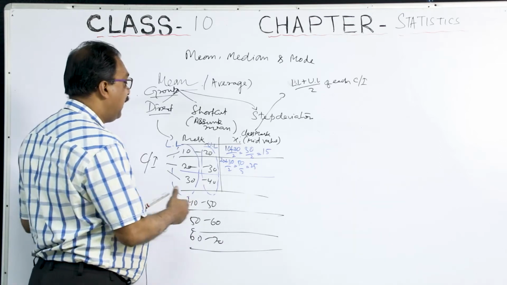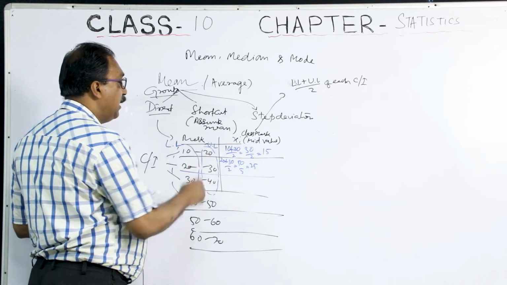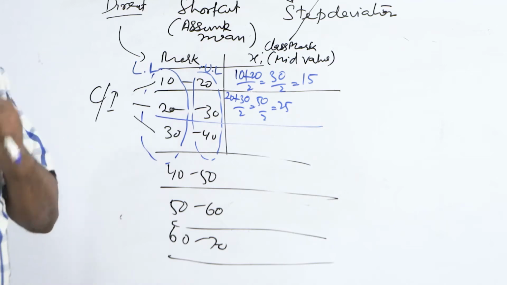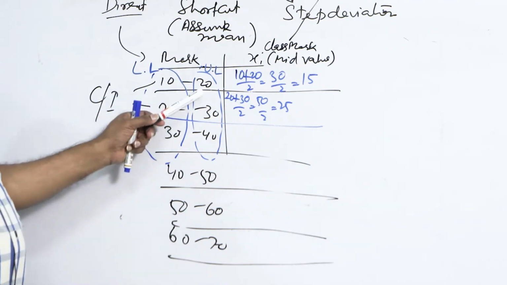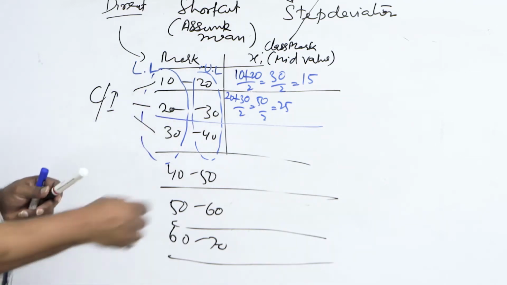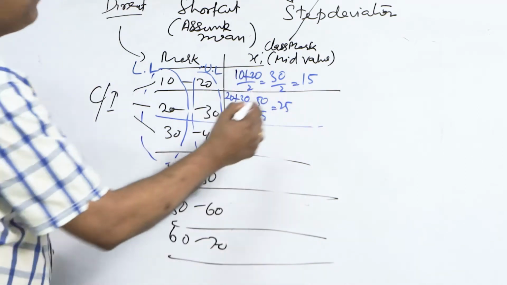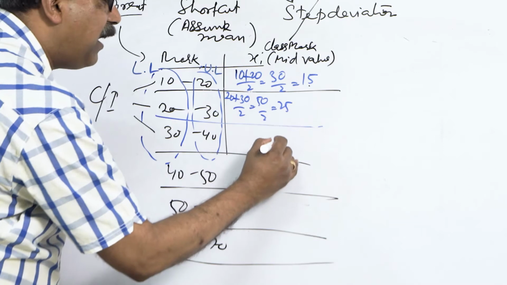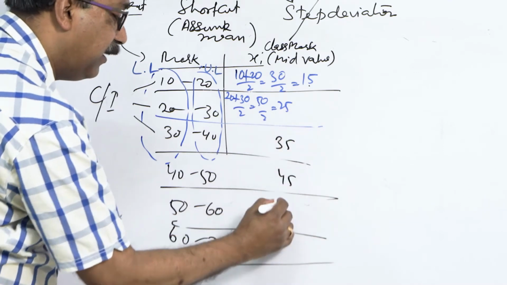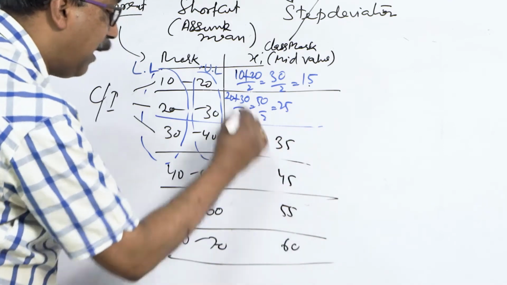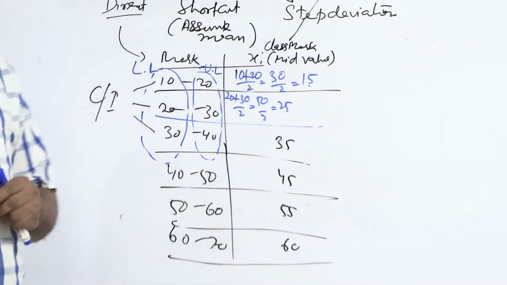The tactic is to see the difference between the next two class intervals. What is the difference between 20 and 30? 10. Look here, the difference is 10, so there is no need to find each one. Similarly we can write 15, 25, 35, 45, 55, 65. If you apply the formula, it will come exactly like this.